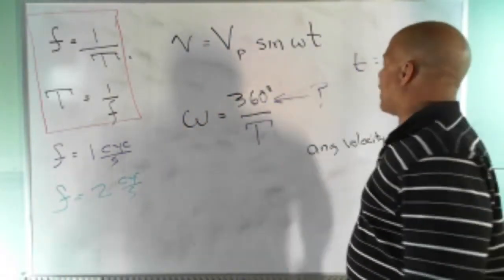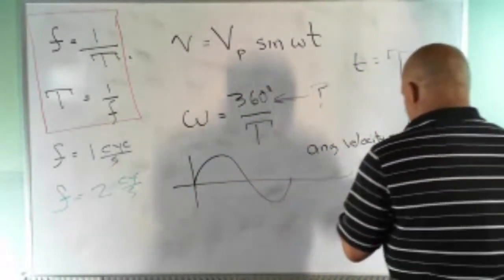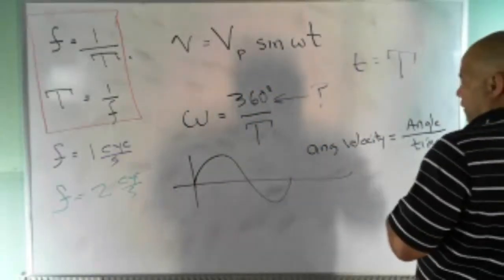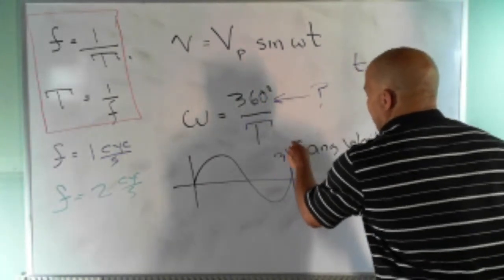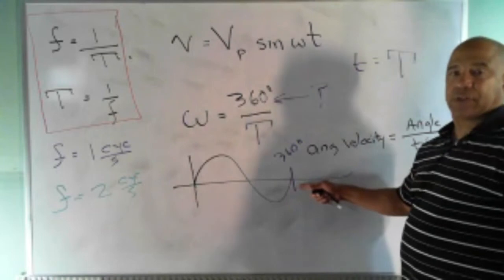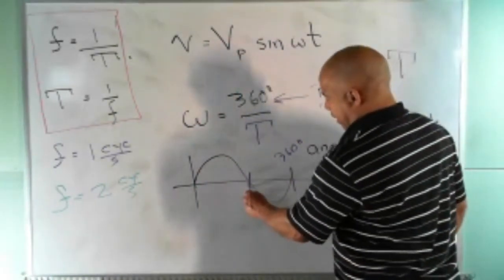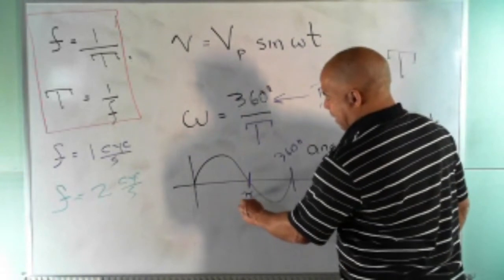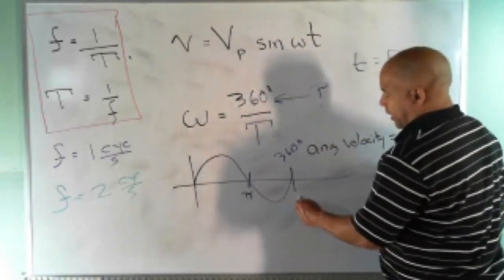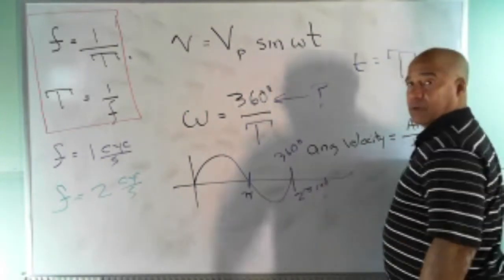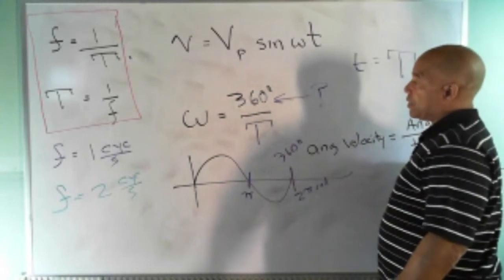The problem is we can't have that in degrees. So you got to remember from your trig, if I got from here to here, if this is 360 degrees, what would that be in radians? How many radians is that? Well, right here is pi radians. So this would be 2 pi radians. So you go around the circle, 2 pi radians.